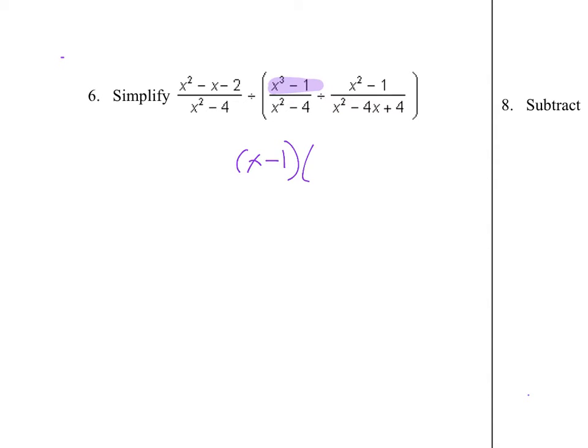This is our difference of cubes. X squared plus x plus 1. All right, and this is over difference of squares, so that's x minus 2, x plus 2.